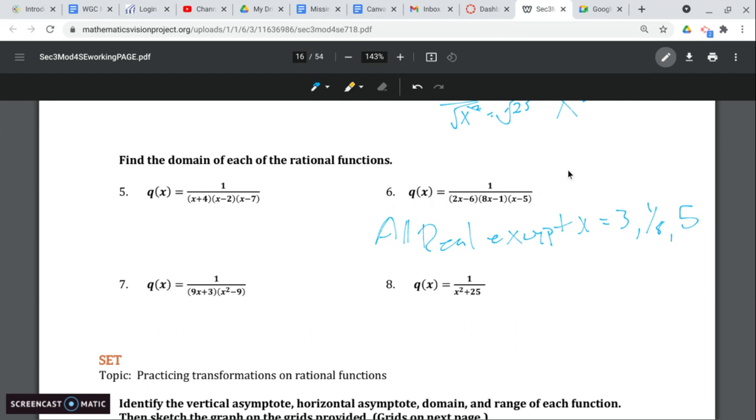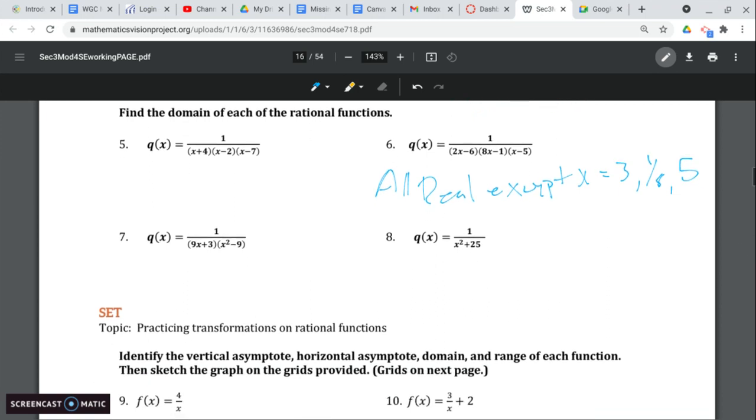That would make the denominator 0. It would no longer exist. 1/8: 8 times 1/8 is a +1, -1 is 0. 5 minus 5 is 0. So we're looking for what makes each of these values in our denominator 0, because those are the values for which it cannot exist. We can't have a 0 in the denominator. That does not work ever.